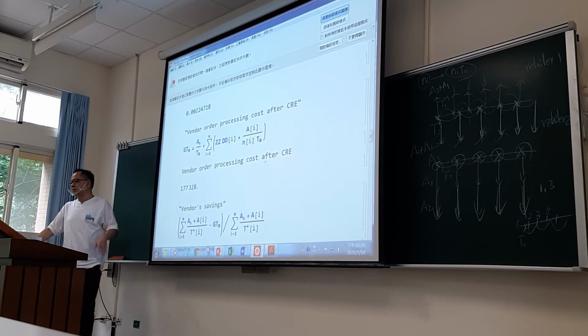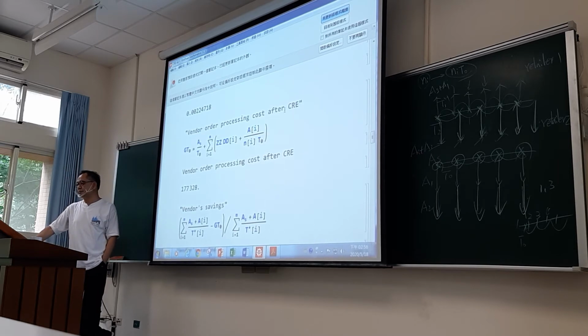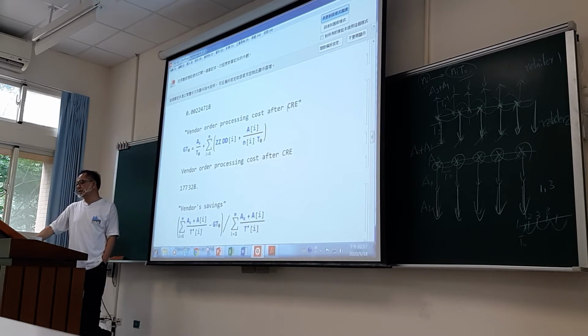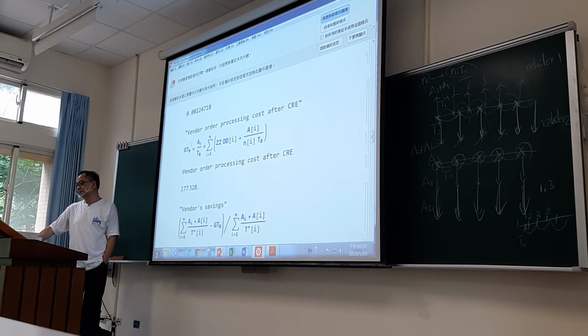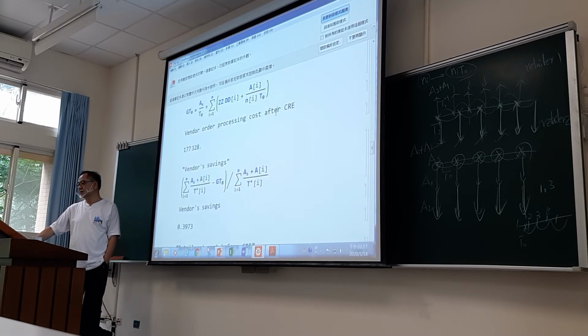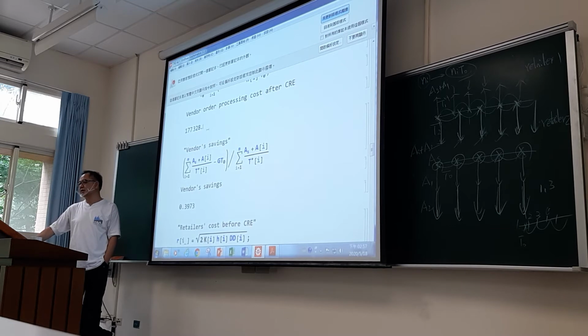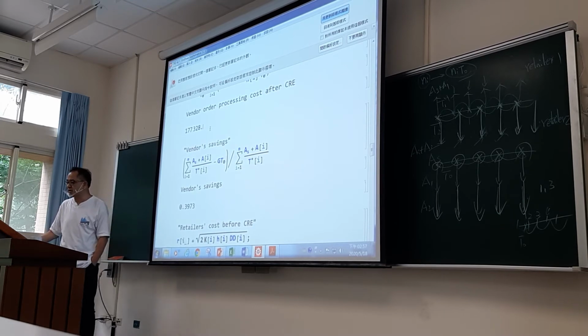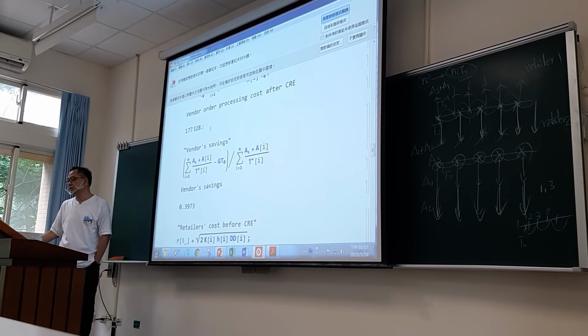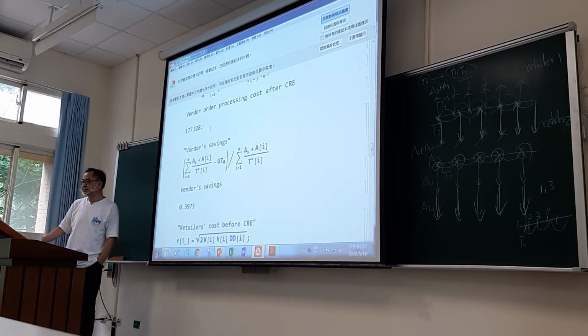So the vendor order processing cost after CRE is based on the formula. Then we can get the numbers here. Is 177,338.